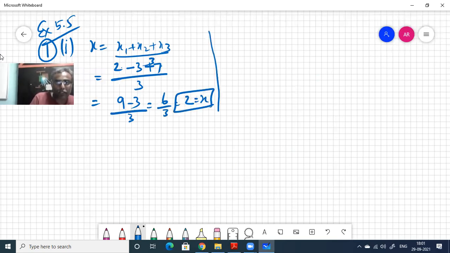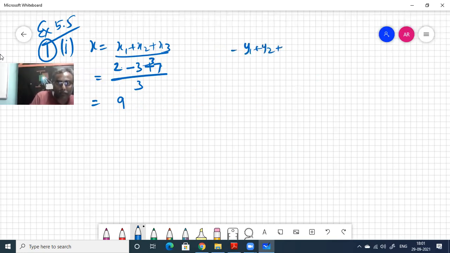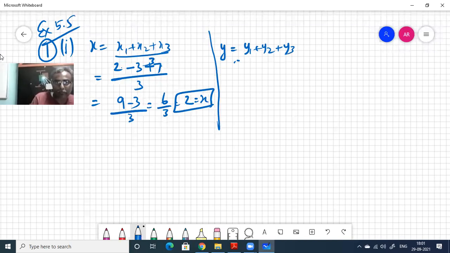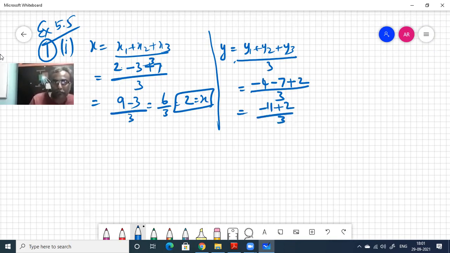Then you find y. y is equal to (y1 plus y2 plus y3) by 3. y1 is -4, y2 is also -7, and y3 is 2, divided by 3. -4, -7 is -11, so -11 plus 2 by 3 is equal to -9 by 3, which is -3. y is equal to -3.